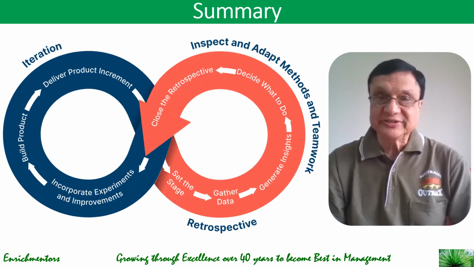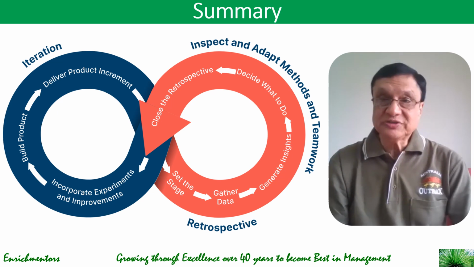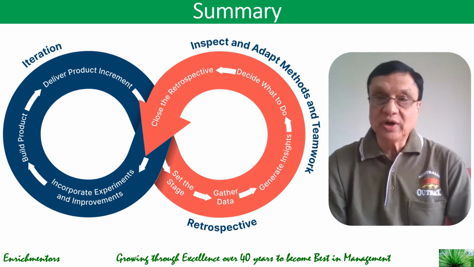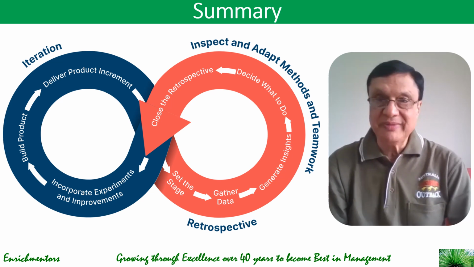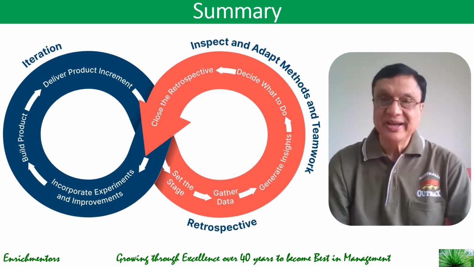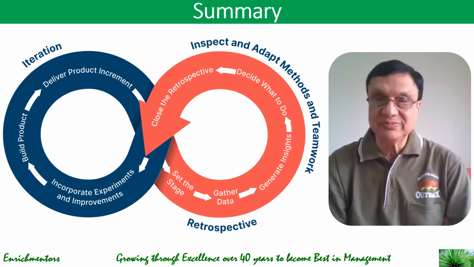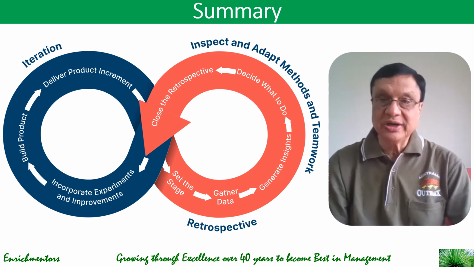So to summarize, Agile retrospectives can be a powerful tool for continuous improvement when they are used effectively. By regularly reflecting, collecting feedback, fostering a safe environment, and prioritizing actionable takeaways, you can empower teams to continuously refine and enhance their processes.